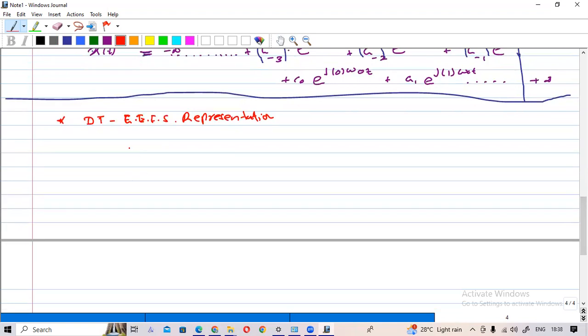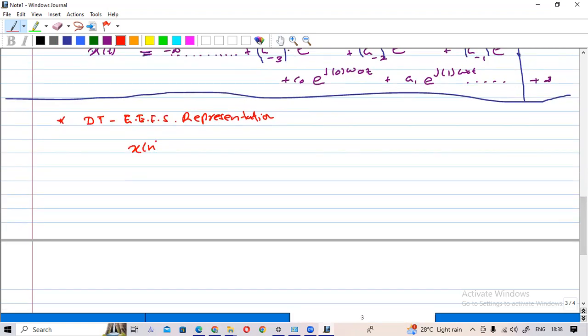Here, any discrete time signal x[n]. We represent a discrete time signal with respect to n, which is the sample number. There is a corresponding time value, given as nTs.